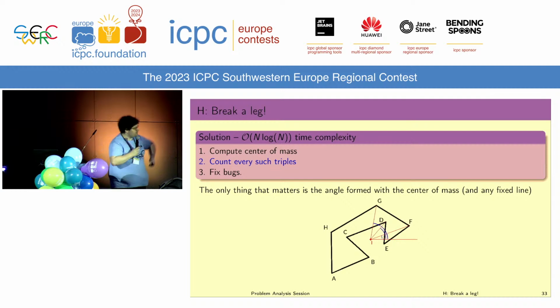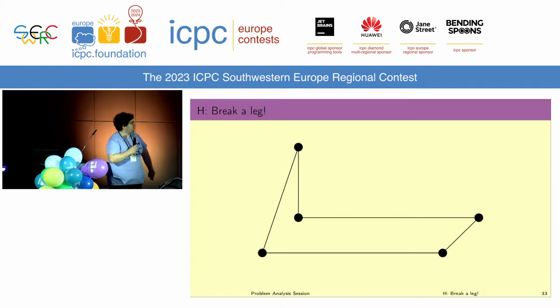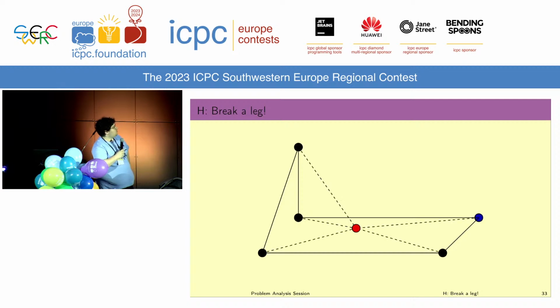Okay, so this may not be clear, so I've made a small example. Suppose you have this polygon. Believe me that the center of mass is somewhere around here. You compute the rays like this. Once you have the rays, you order them counterclockwise, it does not matter. You have a pointer on one vertex, like this one.